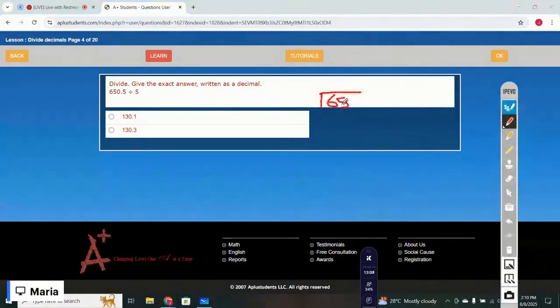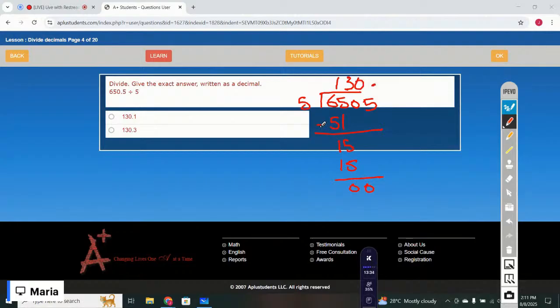650.5 divided by 5. 5 times 1 is 5. 6 take away 5 is 1. Now bring the next digit down, that is 5. 5 times 3 is 15. Now bring the 0 down. 5 times 0 is 0.